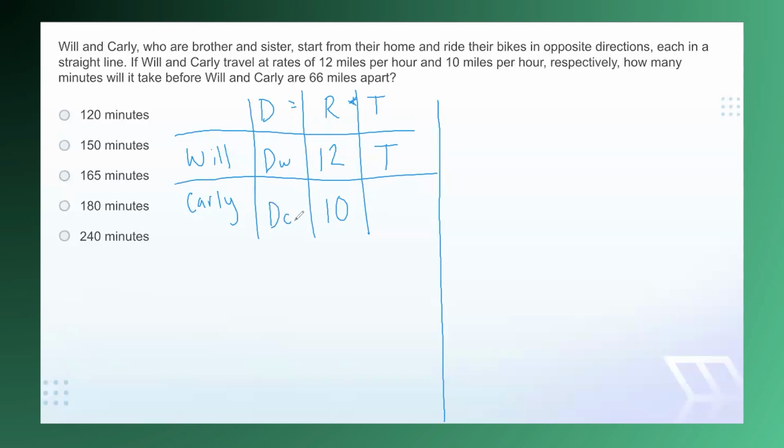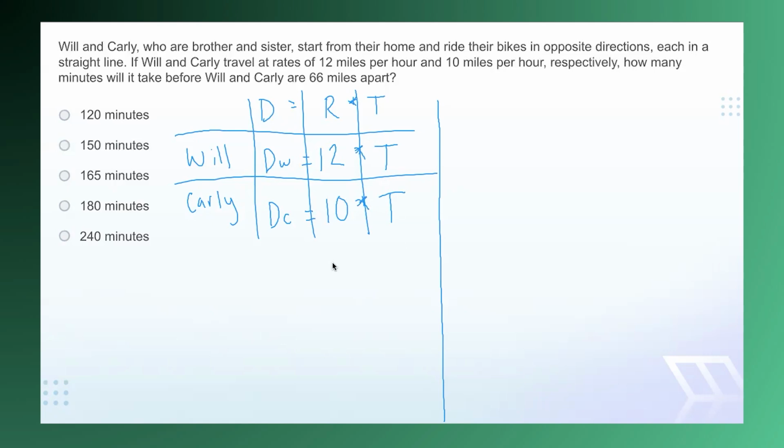Using this subscript to designate that D sub W and D sub C, Will and Carly's distances, are not equivalent values. But because Will and Carly should have the same time, we can simply fill in T for time to designate that those are the same. So this gives us 2 new equations. D sub W equals 12 times T, and D sub C equals 10 times T.